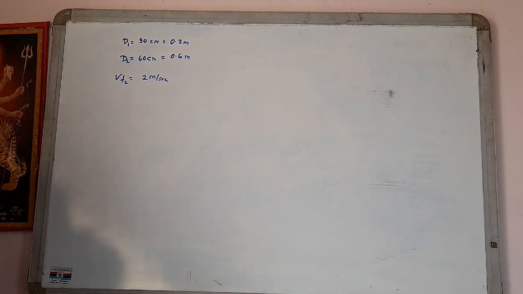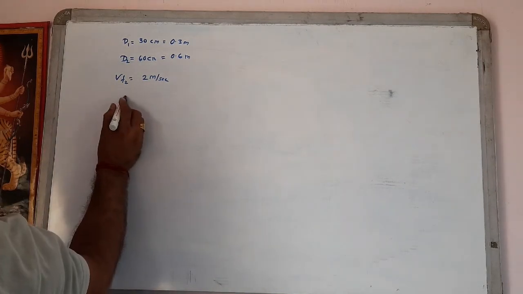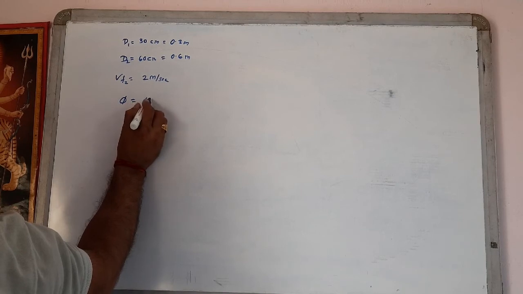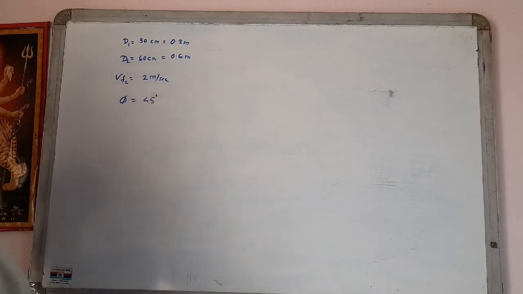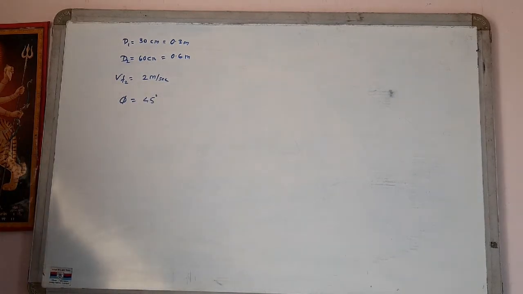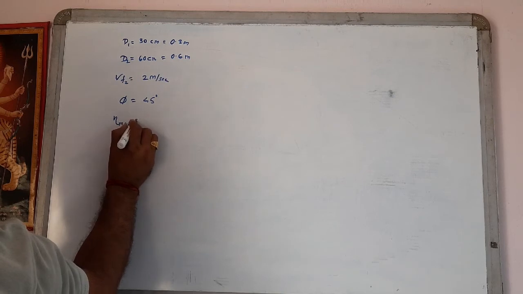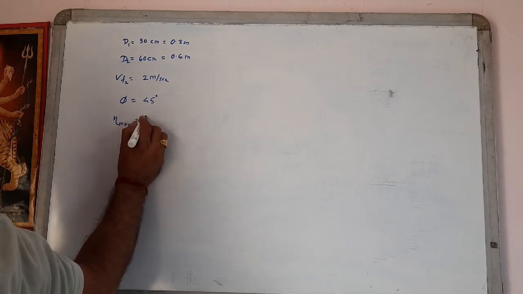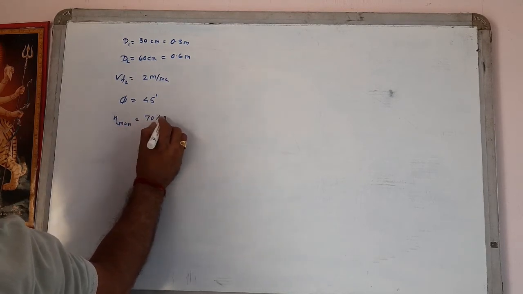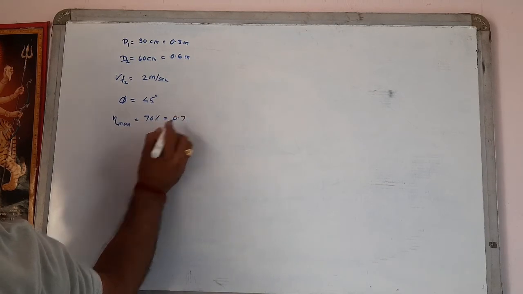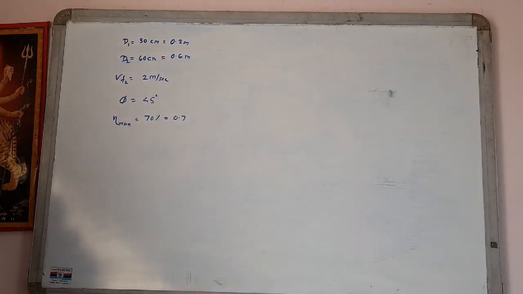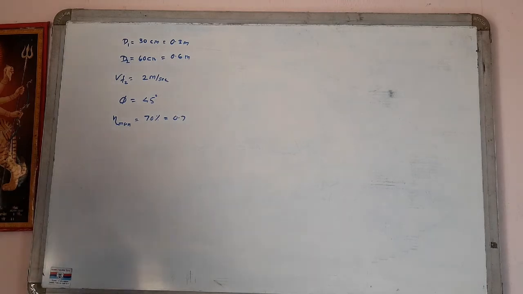Vane angle at outlet phi is given 45 degree. Manometric efficiency is given 70%, equal to 0.7. Let minimum starting speed be n.